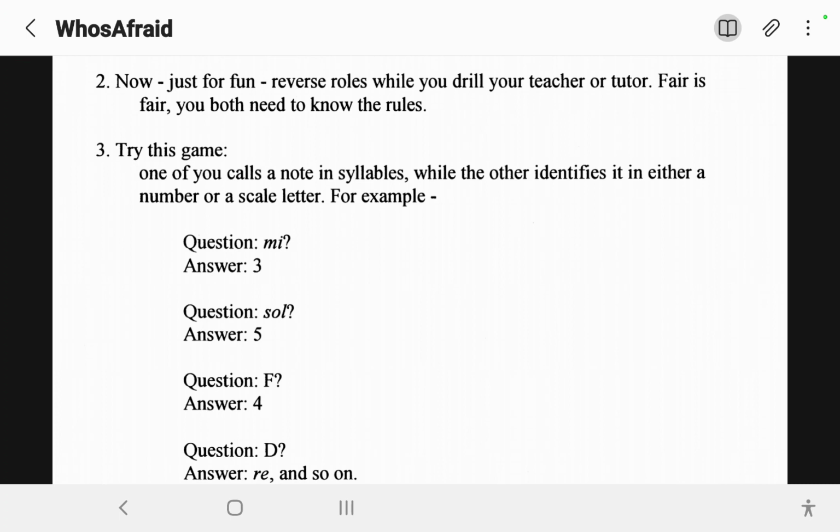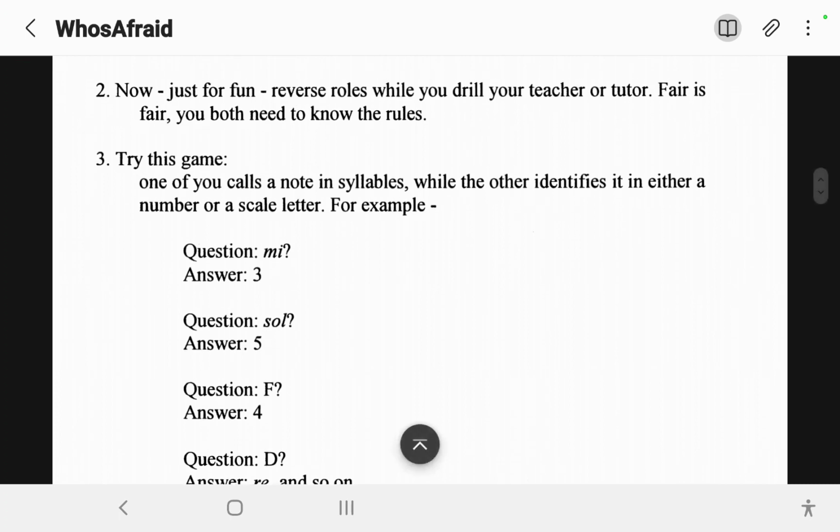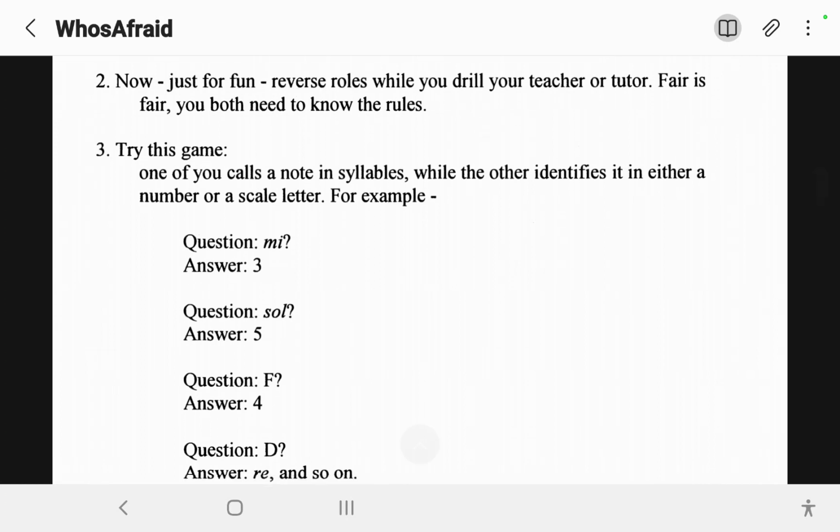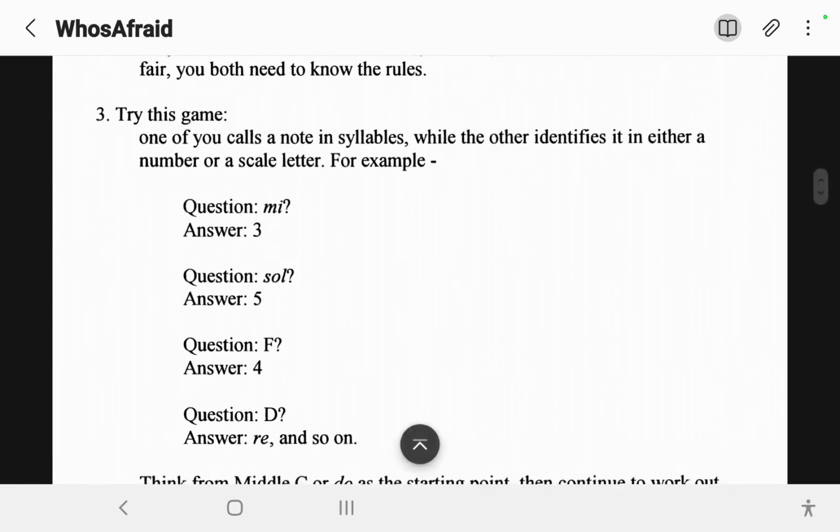It's not that the teacher doesn't know. My gosh, no. It's for the student's benefit. If the student doesn't have an opportunity to teach, they will not have that recall when they really, really need it.